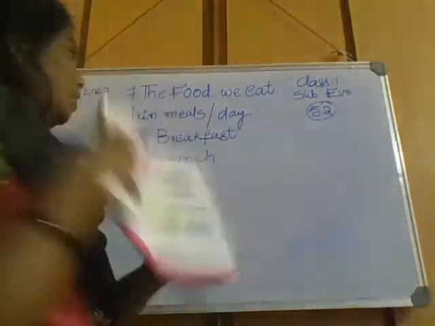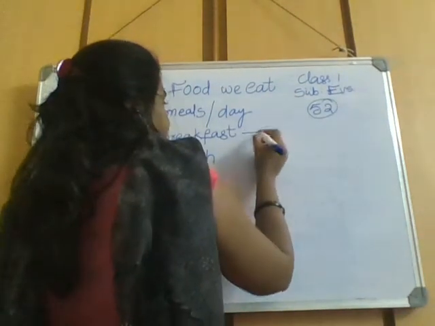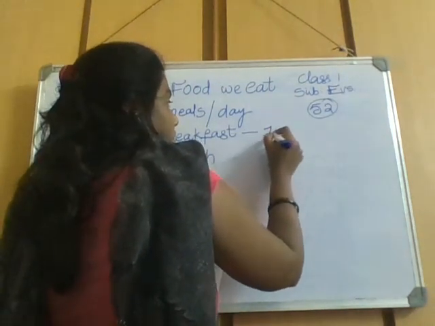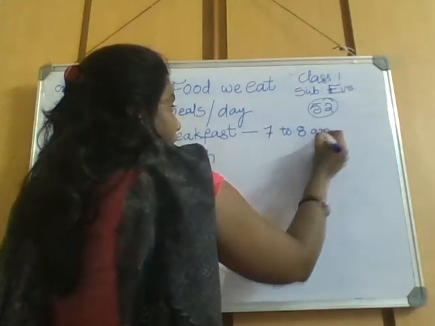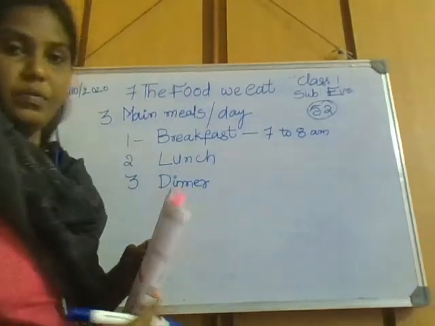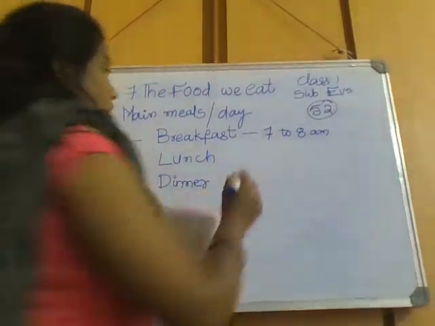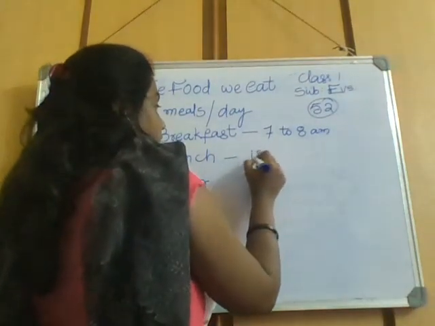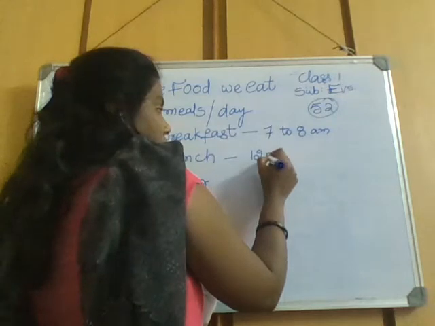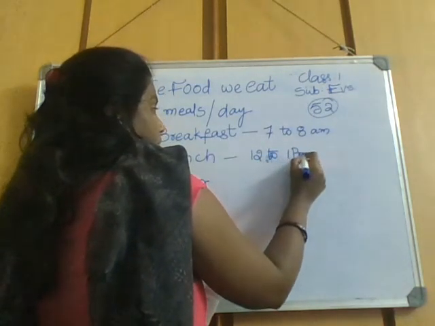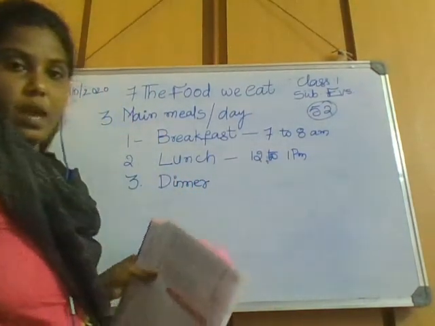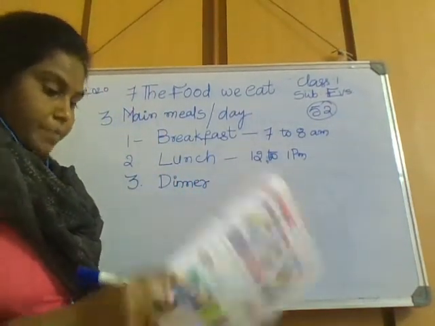So at what time can you have your breakfast? You can have your breakfast at 7 a.m. to 8 a.m. You have to complete the breakfast between 7 to 8 a.m. As far as lunch is concerned, we will take it in the afternoon, that is 12 to 1 p.m. So between 12 to 1 p.m. we have to finish our lunch.